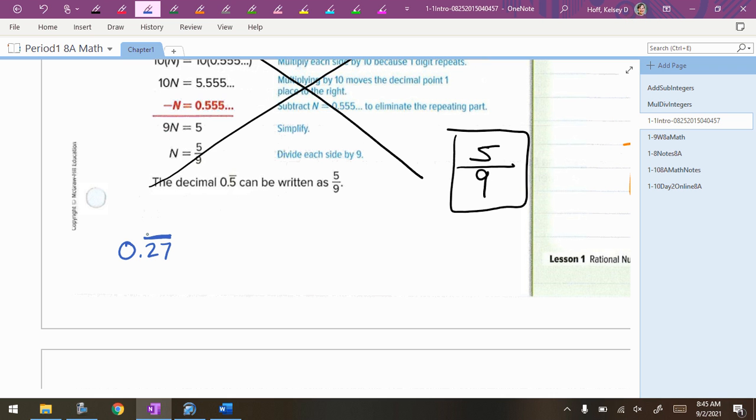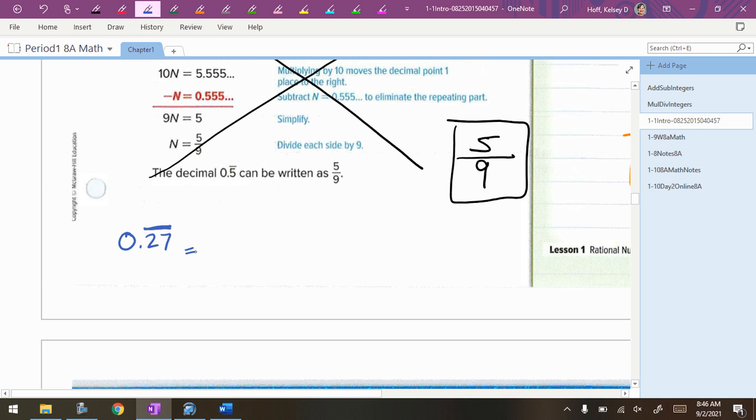Every single digit needs a 9. So it might be 9 or 99 or 999. What number goes in the top? 27. Both of them. What's the denominator? 99, because you need a 9 under the 2 and a 9 under the 7.